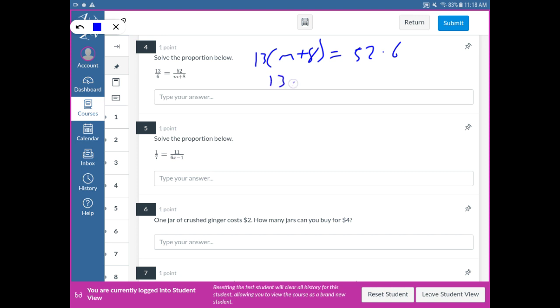So 13m plus 8 times 13 is 104. 52 times 6 is 312. So 312 minus 104, 13m equals 208. And then divide by 13. So m is 16 here for number 4.